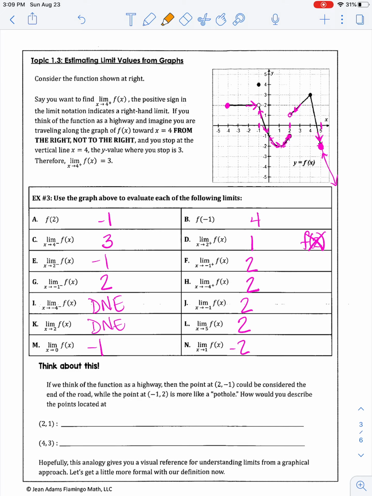I want to compare this one and this one. So I just want to point out the difference between a limit and an f of, a place. This is, where is it? This is, where is it headed? What is it approaching?